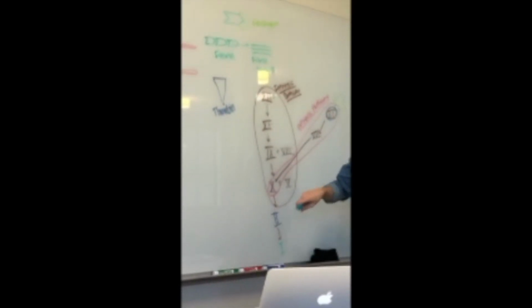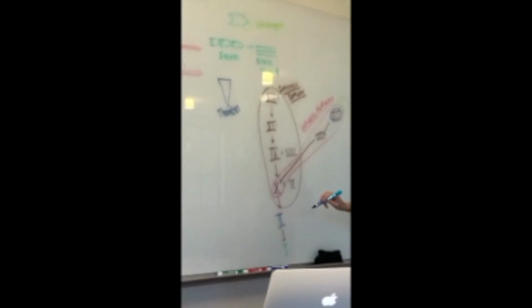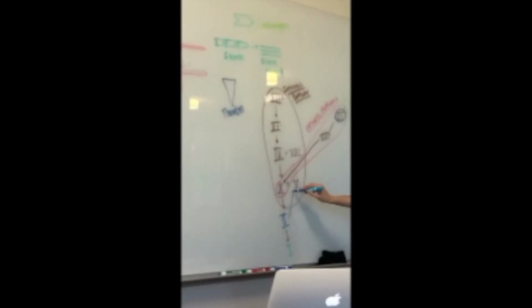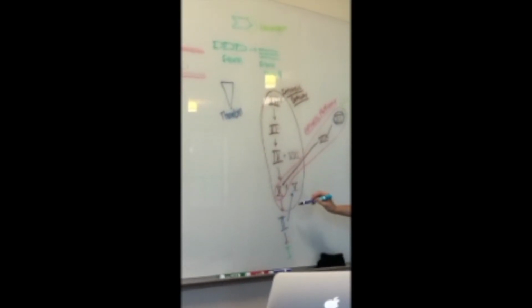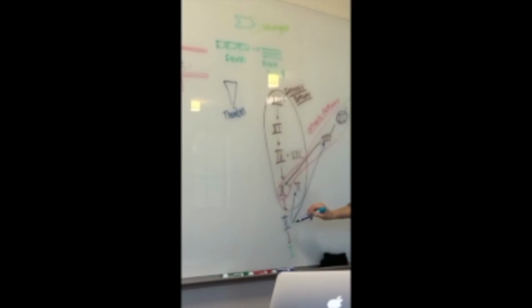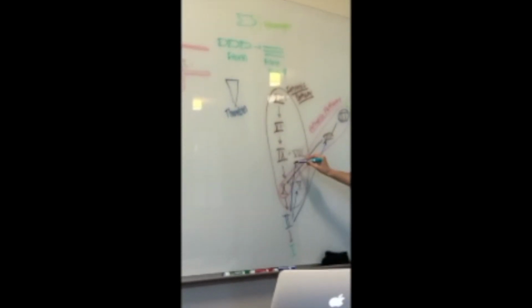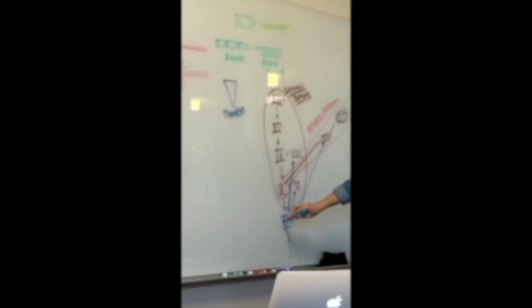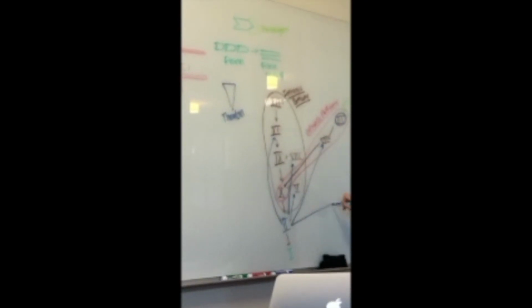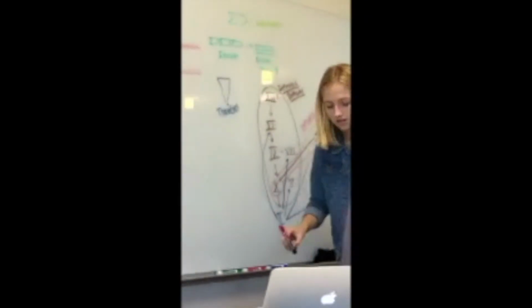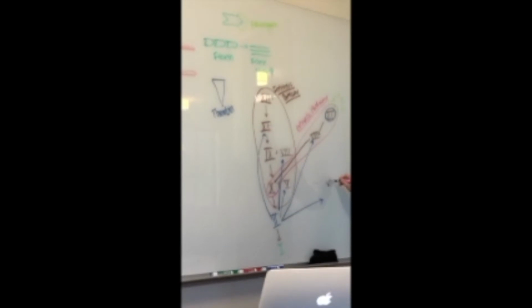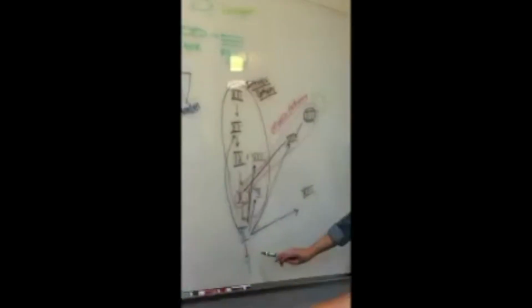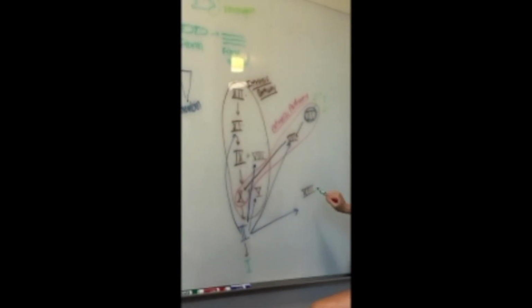And then thrombin, once it gets initially activated, is going to activate 5, activate 7, activate 8, activate 11, and then the last factor that it activates is factor 13.